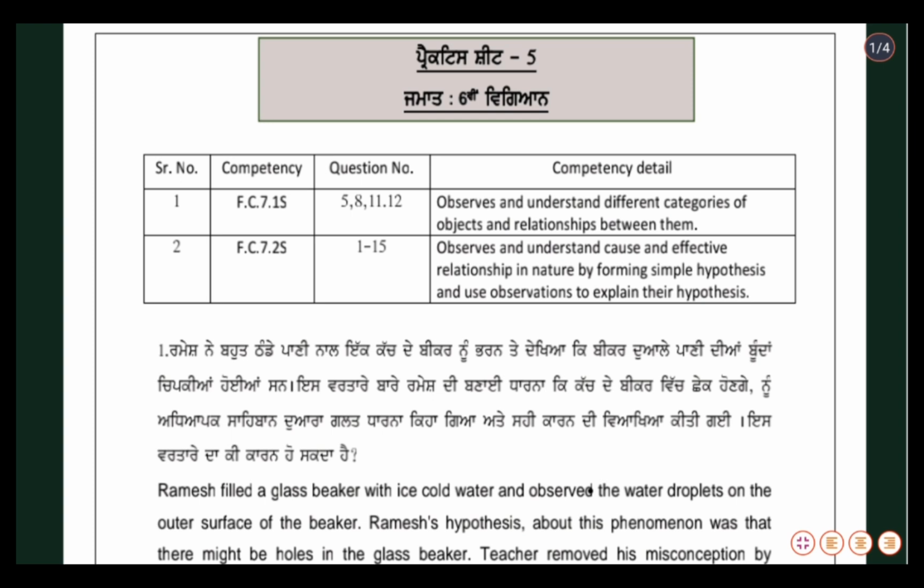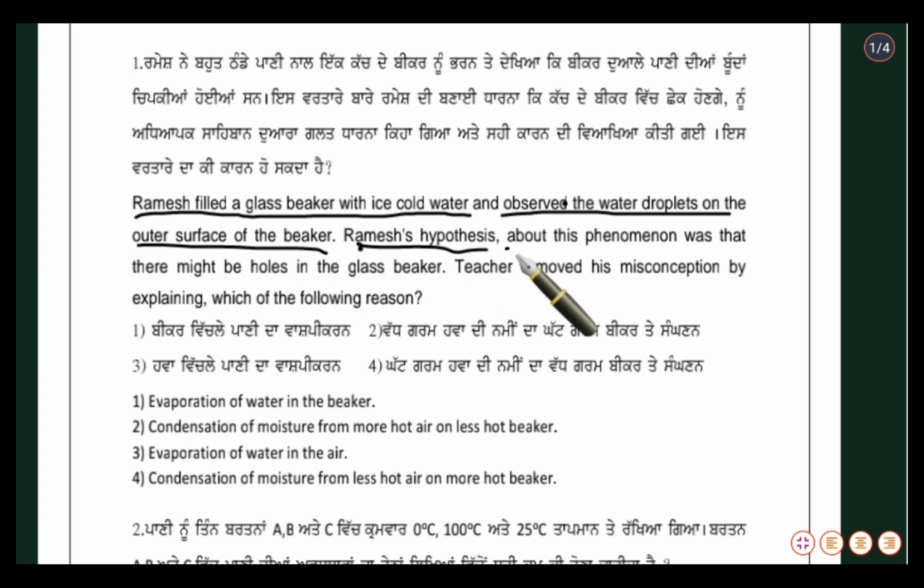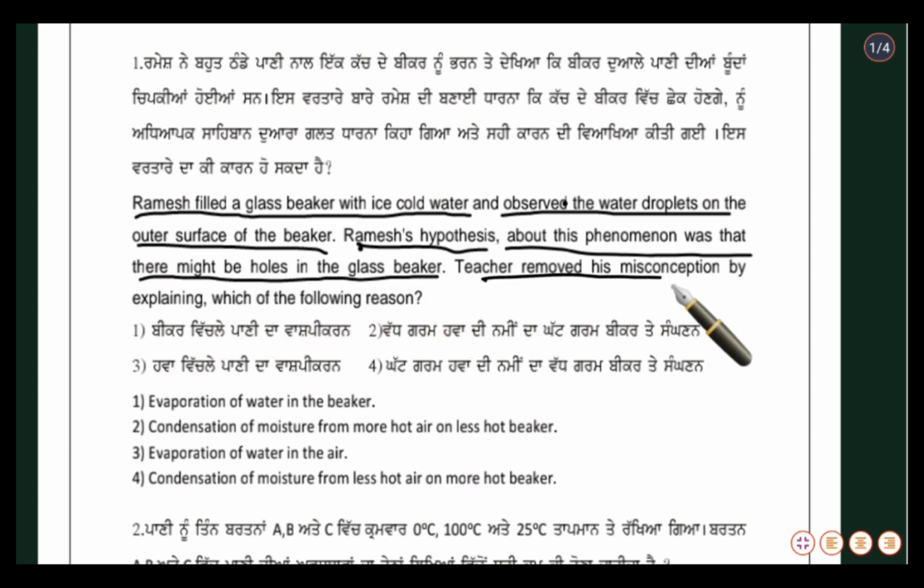So the question number 1 is, Ramesh filled a glass beaker with ice cold water and observed the water droplets on the outer surface of the beaker. So Ramesh's hypothesis about this phenomenon was that there might be holes in the glass beaker. The teacher removed his misconception by explaining which of the following reasons.